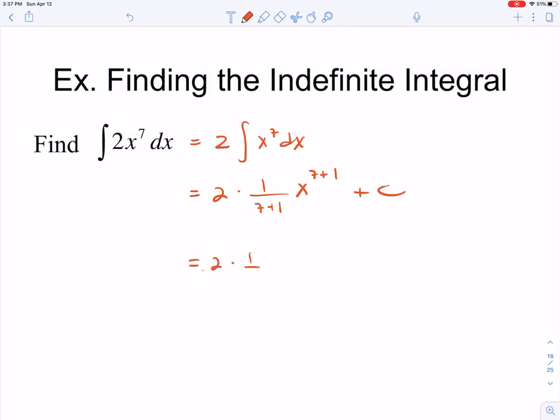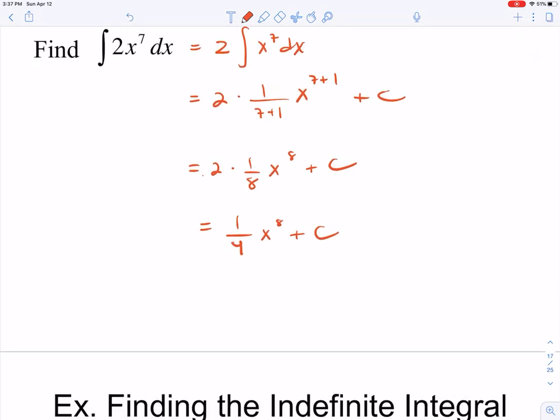And don't forget your plus c. So that ends up being 2 times 1/8 times x to the 8th power plus c, or 1/4 times x to the 8th plus c.